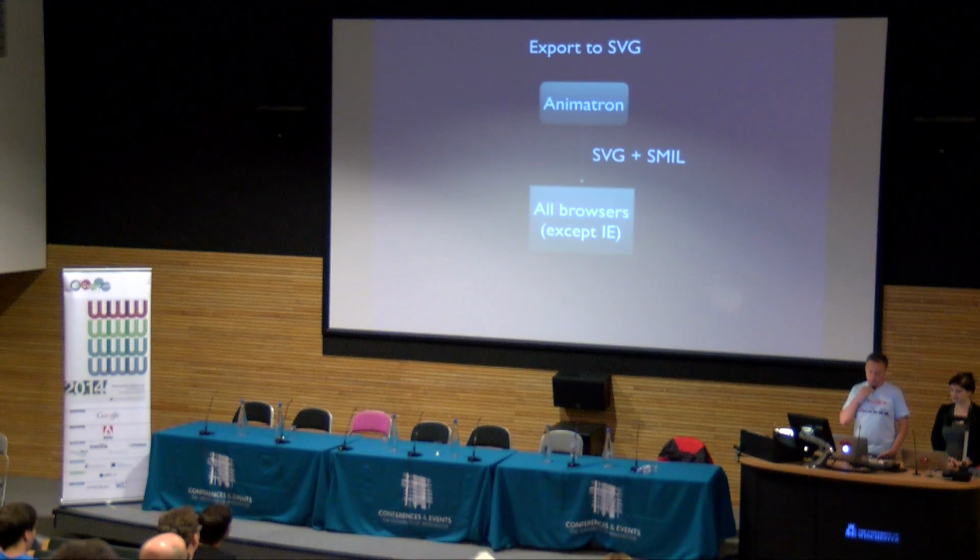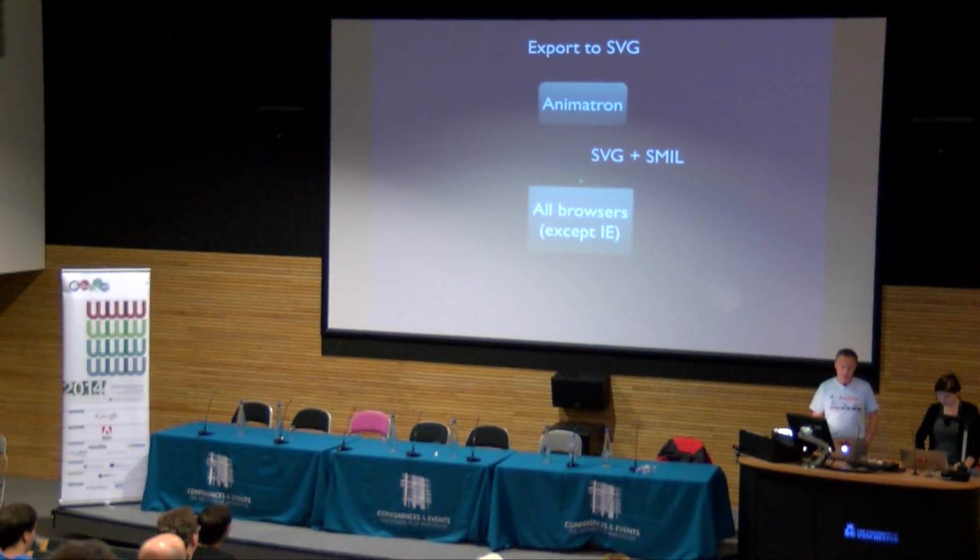You may ask why we created our own format when we could use SVG or even CSS animations. The reason we didn't go all the way with SVG is, for example, that SVG is not supported across all the browsers.